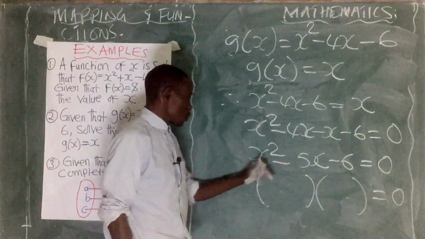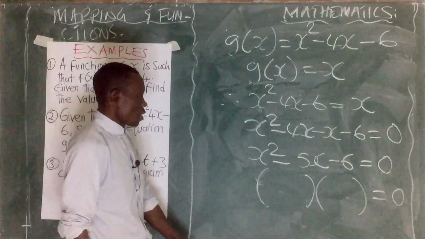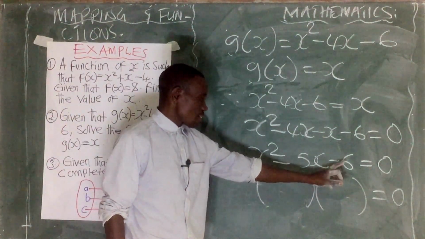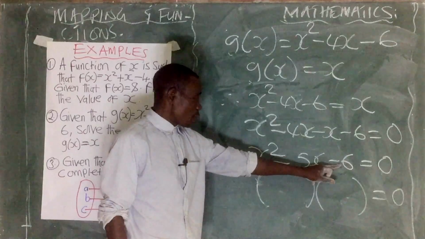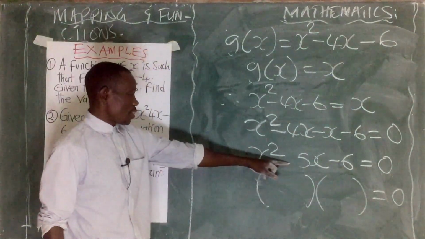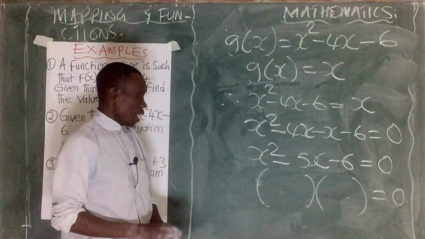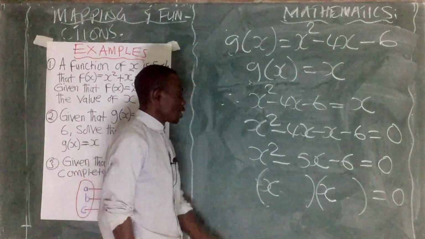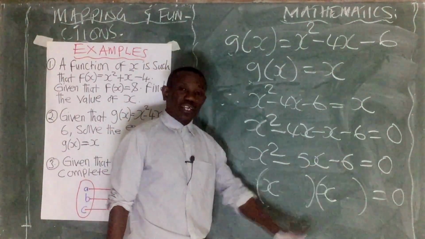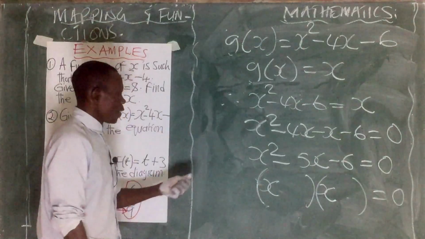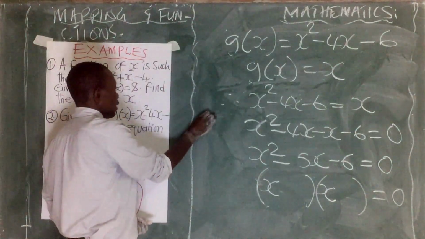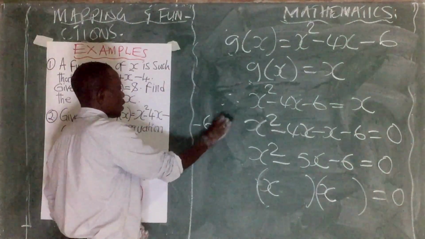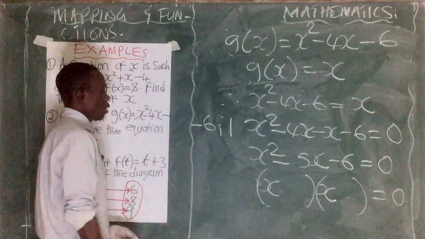Sometimes it's just as good to look at the factors of negative 6. If you have this expression, but here the coefficient is 1, you just have to look for the factors of negative 6 that, when you multiply, give you negative 6, but when you add, give negative 5. Right, and here you write x, there again x. So factors of negative 6 that can give you negative 5 are negative 6 itself and positive 1.